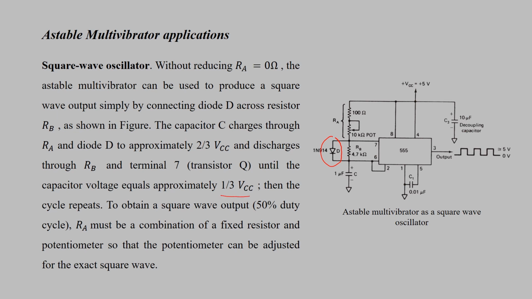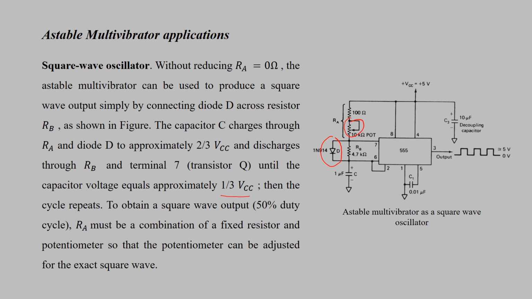To obtain a square wave output of 50% duty cycle, Ra must be the combination of a fixed resistor and a potentiometer, so that the potentiometer can be adjusted for an exact square wave.